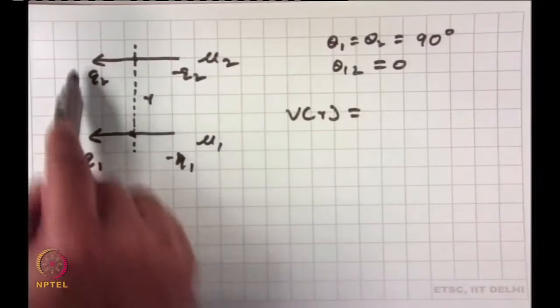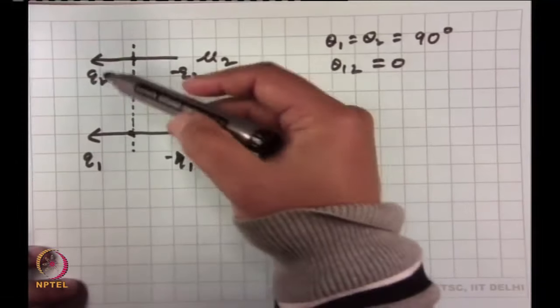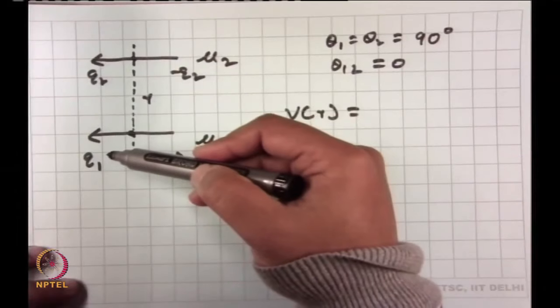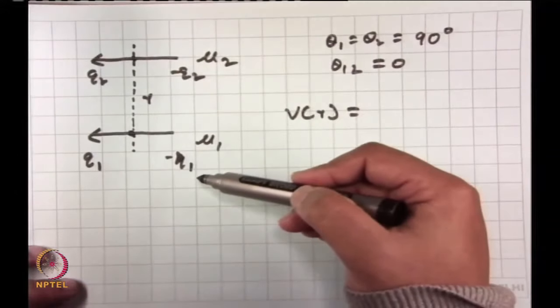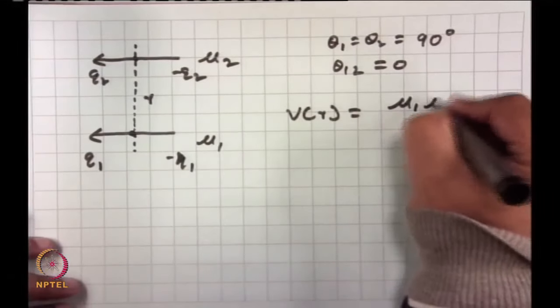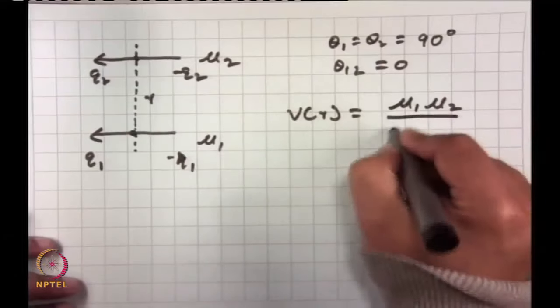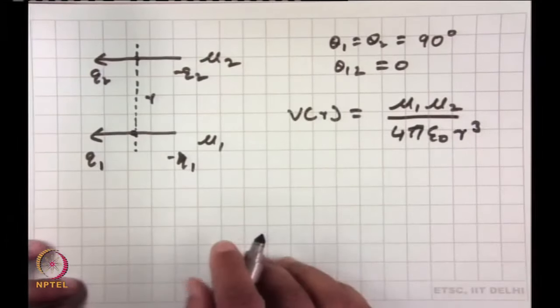Should this be attractive or repulsive, you tell me? It should be repulsive, right, because you see q2 is close to q1 which are both positively charged ends, and then q2 is close to q1 which are again negatively charged, the negative ones. So this one would be mu1 mu2 over 4 pi epsilon 0 r cubed.